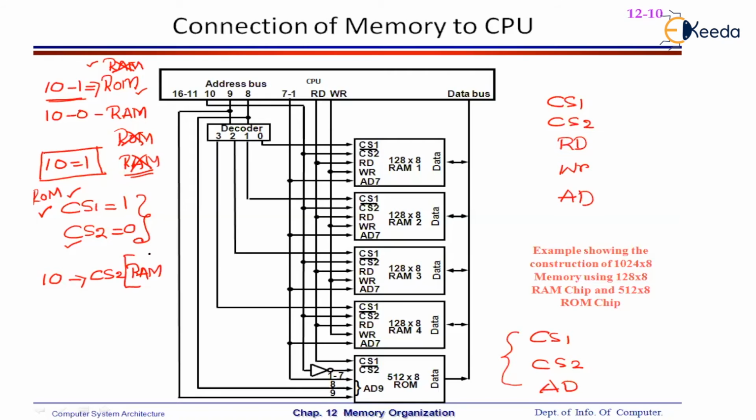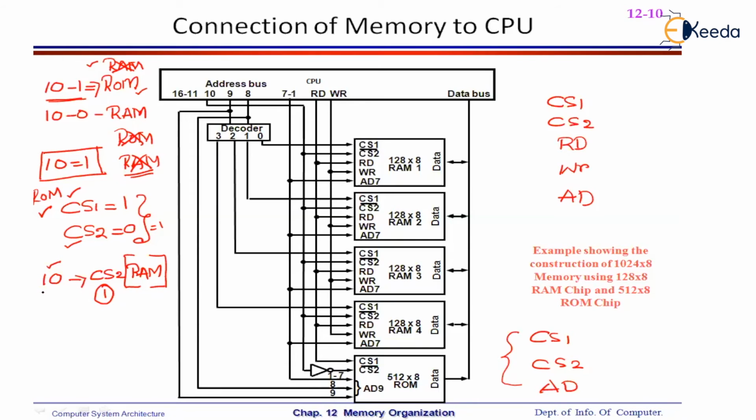Which means that whenever the 10th digit is equal to 1, CS2 will be equal to 1 for RAM, which means that the rule for the selection is invalid, right? Straight away, the RAMs will get disabled, because CS2 equal to 1 means that the corresponding chip will get disabled.